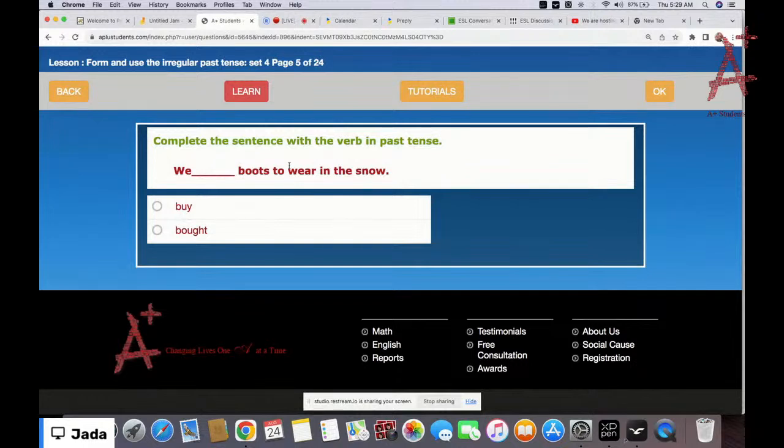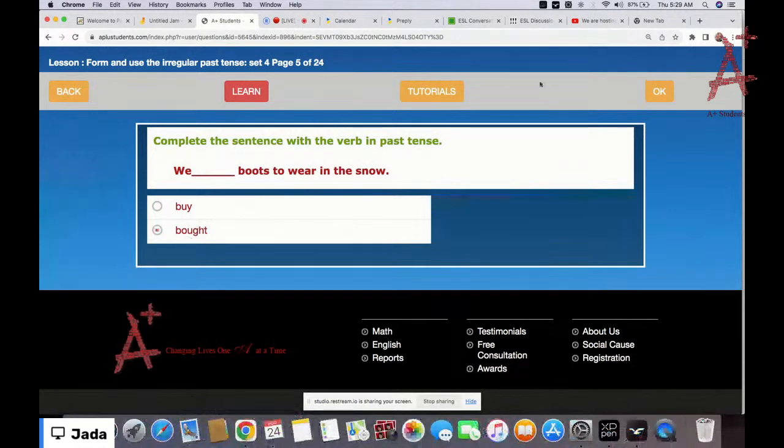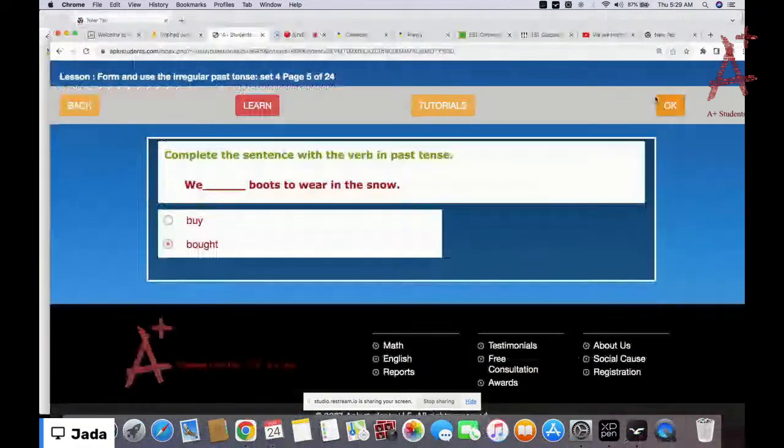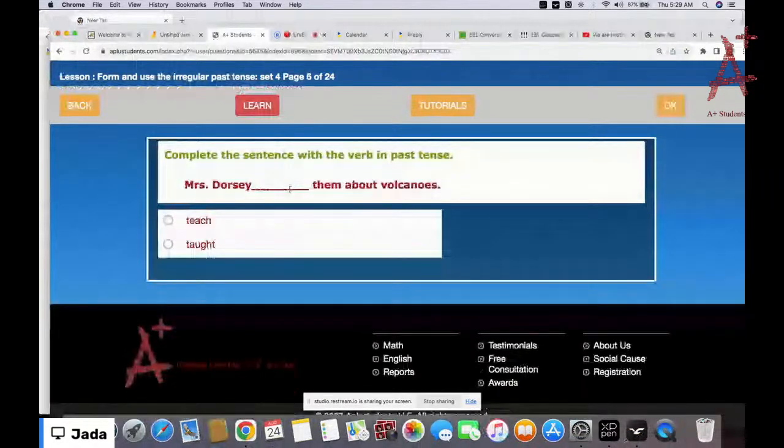We have bought. Okay. Everybody says bought. All right. We have Mrs. Dorsey dash them about volcanoes. So is it teach or taught them about volcanoes?